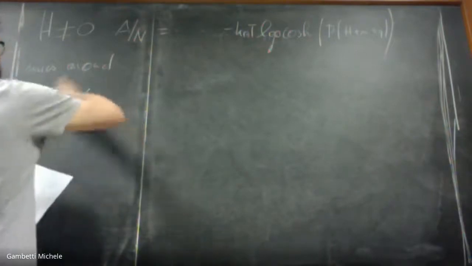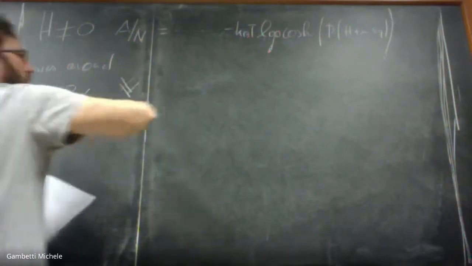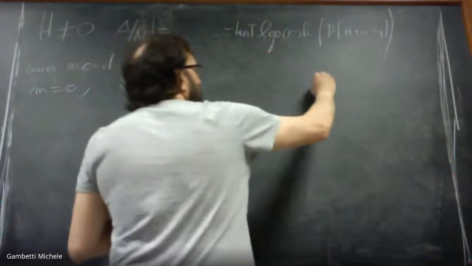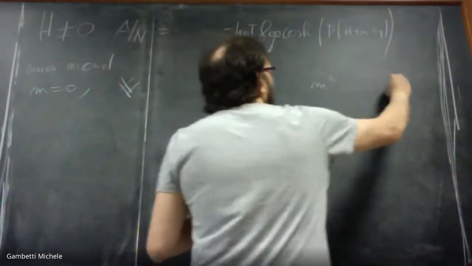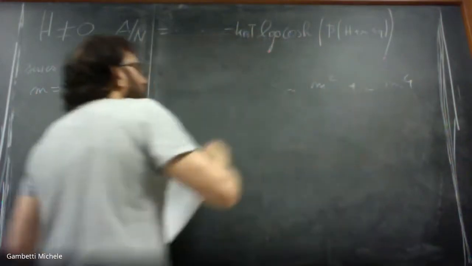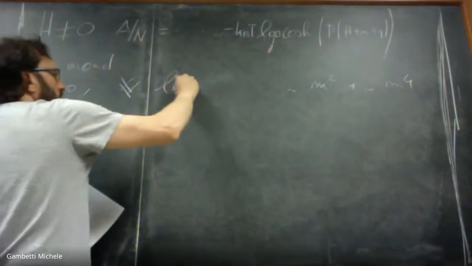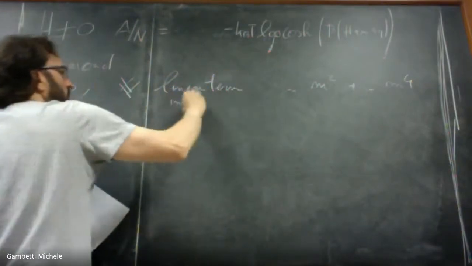So when I have the series, I have some numbers proportional to m squared and m to the 4, and so on. But I have also a linear term in m.